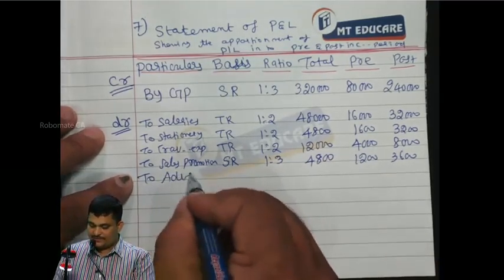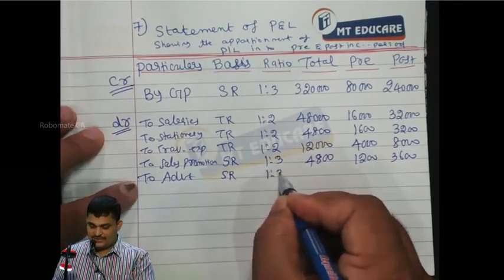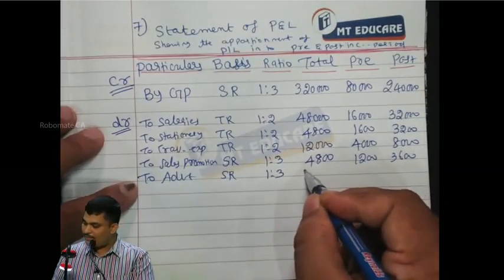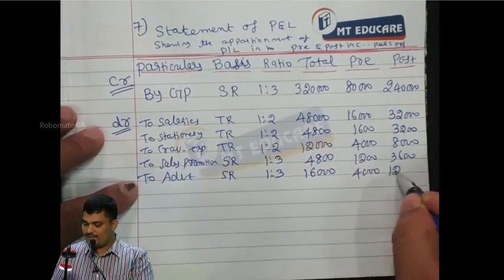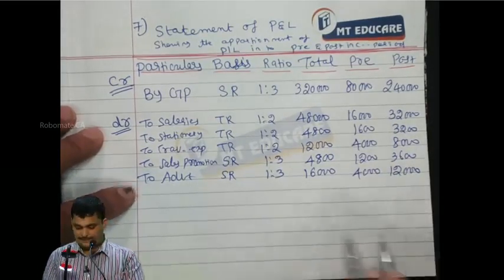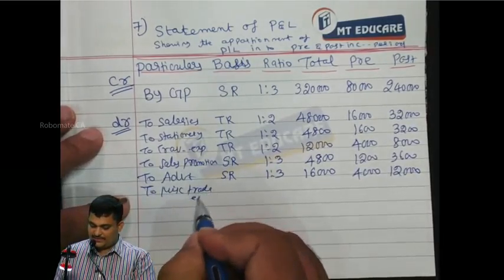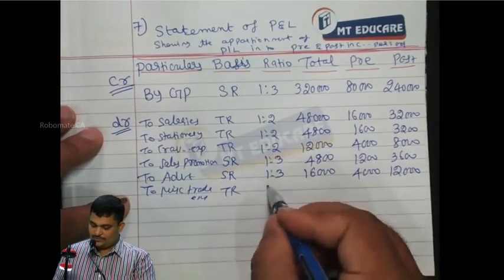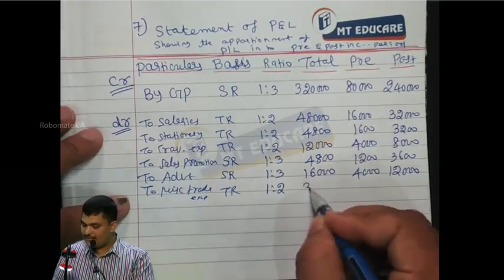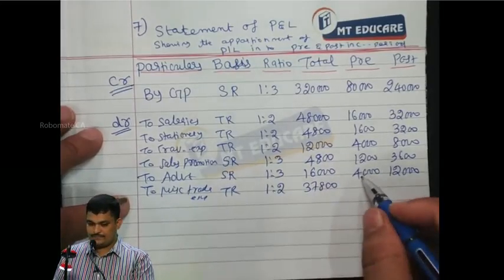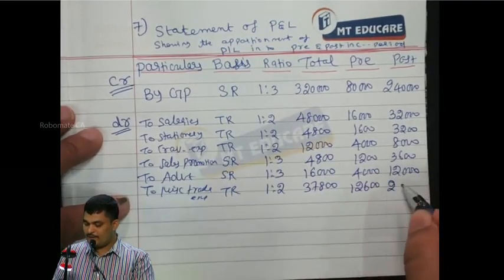Advertisement expenses, sales ratio 1:3. 16,000, 12,000. To miscellaneous trade expenses, time ratio 1:2. 37,800, 12,600, 25,200.